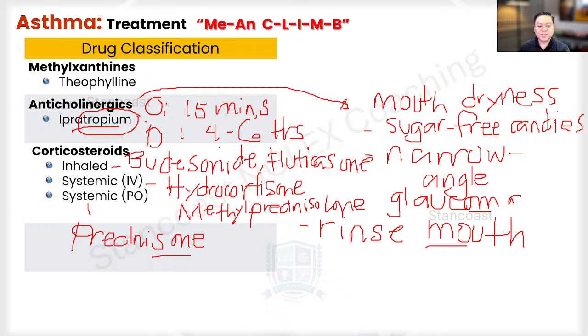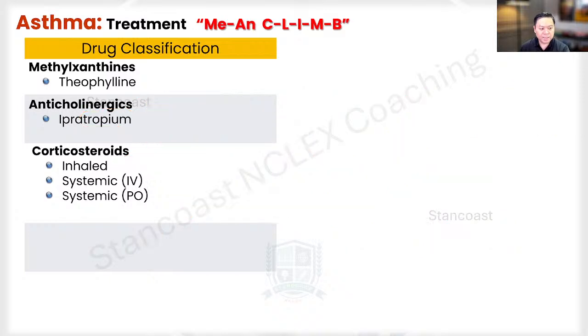All right, so we know that the corticosteroids do a lot of things. It can really work wonders in the patient. It can prevent the inflammation. It can also suppress the airway mucus. Okay, let me write those down because those are important. Okay, erase.